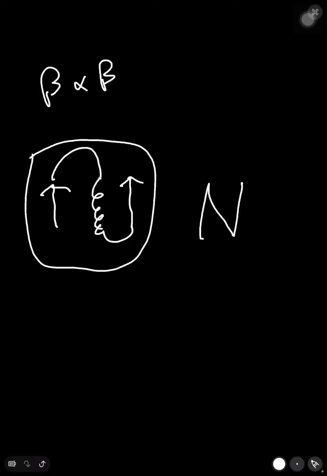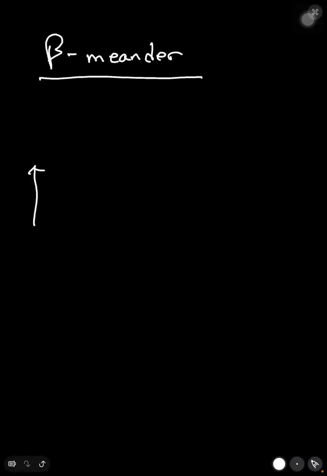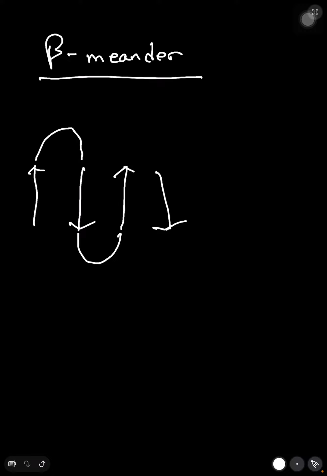Kind of looks like a letter N. All right, there's another one called the beta meander. And this is where you have several beta sheets in an anti-parallel arrangement. And they sort of coil like a snake with reverse turns linked together like that.